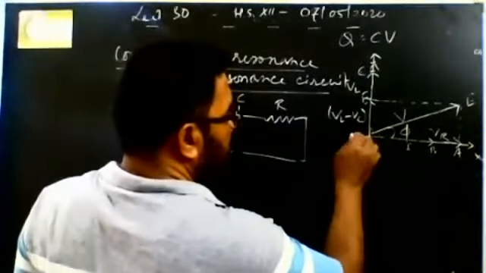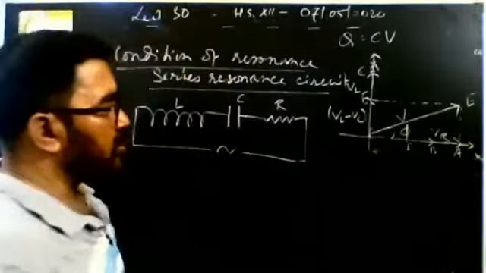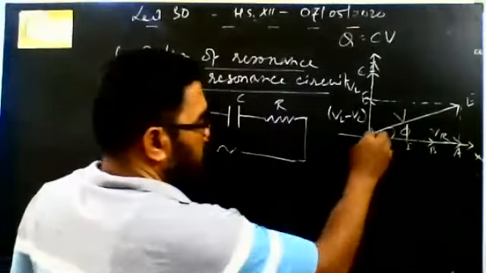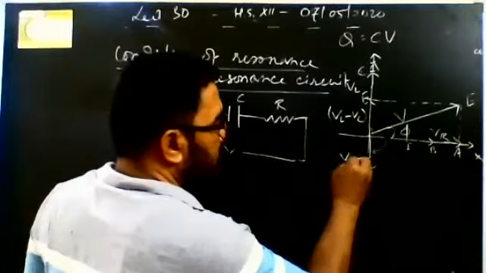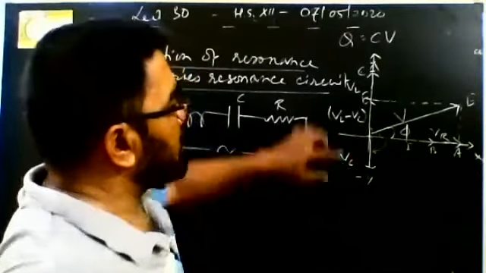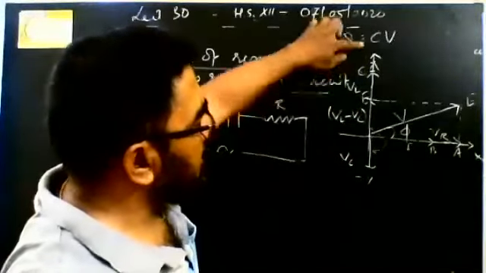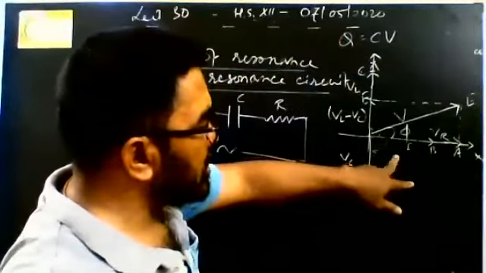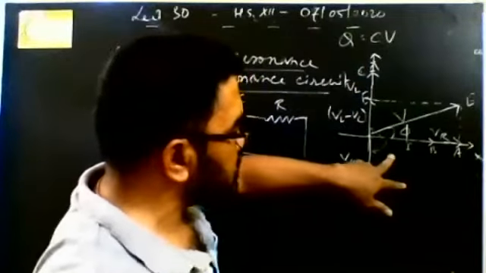So from the vector diagram, as we have observed, the VC is along negative y direction, and VL is along positive y direction, and VR is along positive x direction.